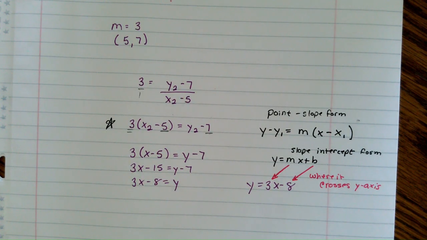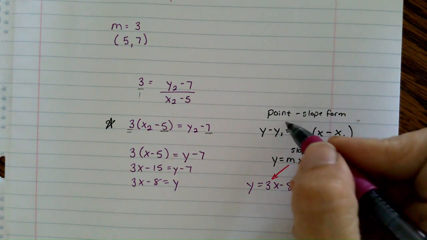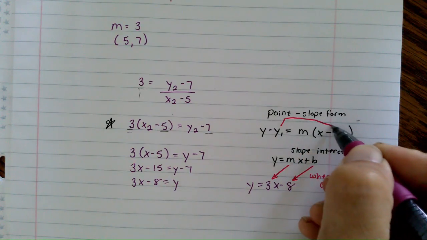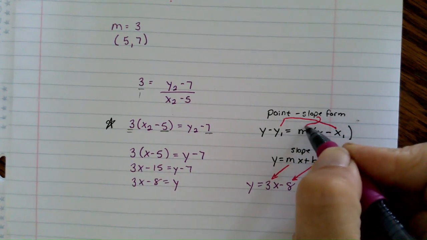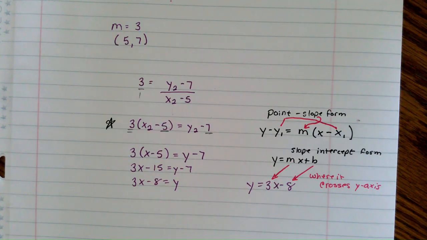Okay, point, there's our point, there's our slope. If you have a point and a slope, you have an equation of the line. You just have to substitute into the formula. The state of Missouri doesn't even make you memorize the formula. Now, if you're going through calculus, you're going to need to eventually memorize that formula. I will tell you, I have my calculus students use that formula on a regular basis.